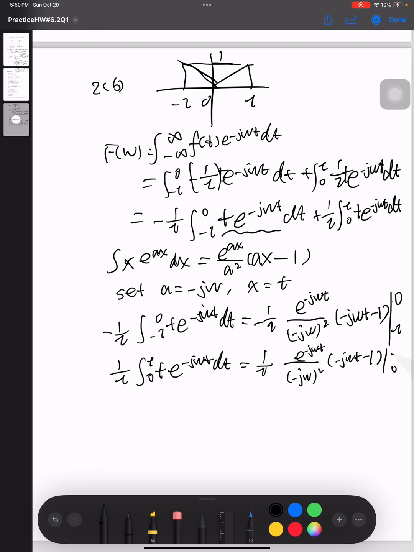So after some calculation, we can evaluate the answer, which is equal to 2 over (tau omega squared) times (cosine omega tau plus omega tau times sine omega tau minus 1). That is the final answer.